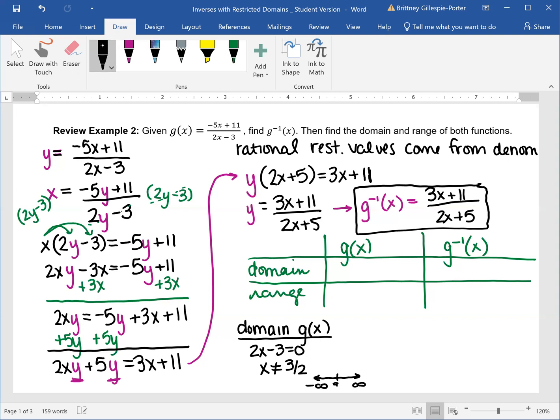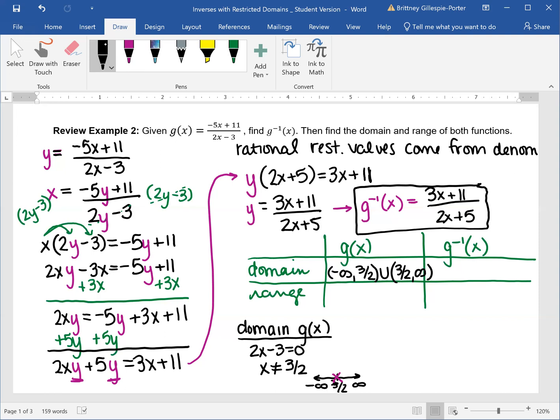And the only number on there is going to be the 3 halves. And remember that you cannot be the 3 halves. So our domain of our function, the original, is negative infinity on up to 3 halves with a parenthesis, union 3 halves to infinity.